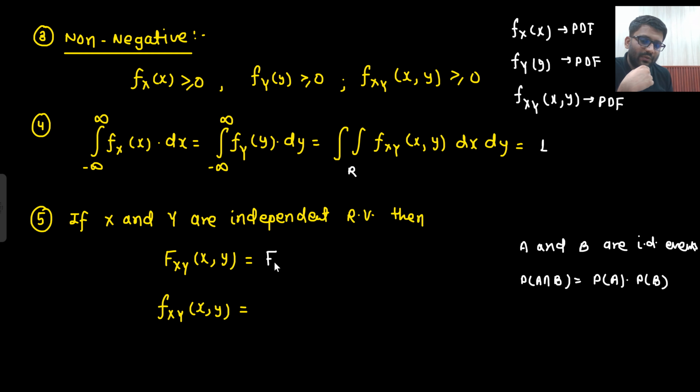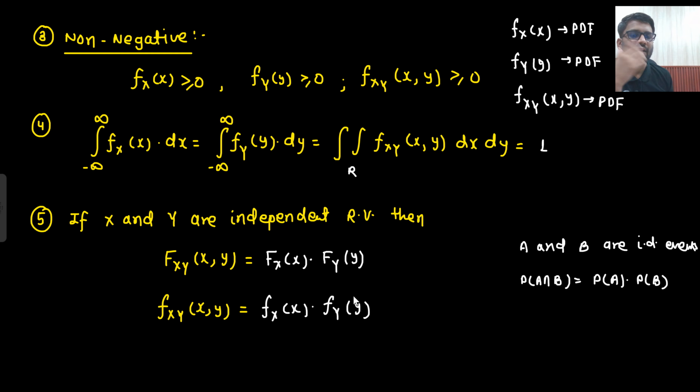So that would be equal to fx of x times fy of y. I am just interrelating, nothing else. So in the question, if it is given that x and y are independent random variables, you can do this kind of thing.